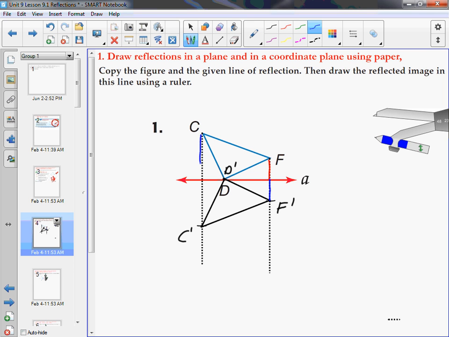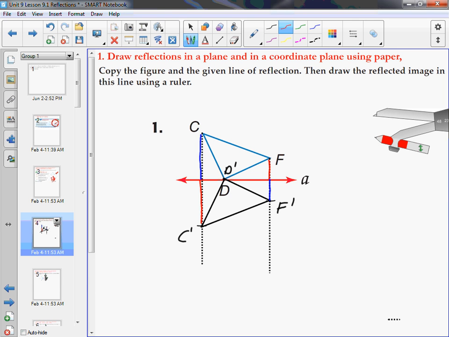This segment here and this one here are congruent to each other because C and C prime must be the same distance away from the line of reflection. That's why D and D prime are the same point, because D is not any distance away from the line of reflection, so D prime can't be any distance away from the line of reflection. So we made this fit the definition.